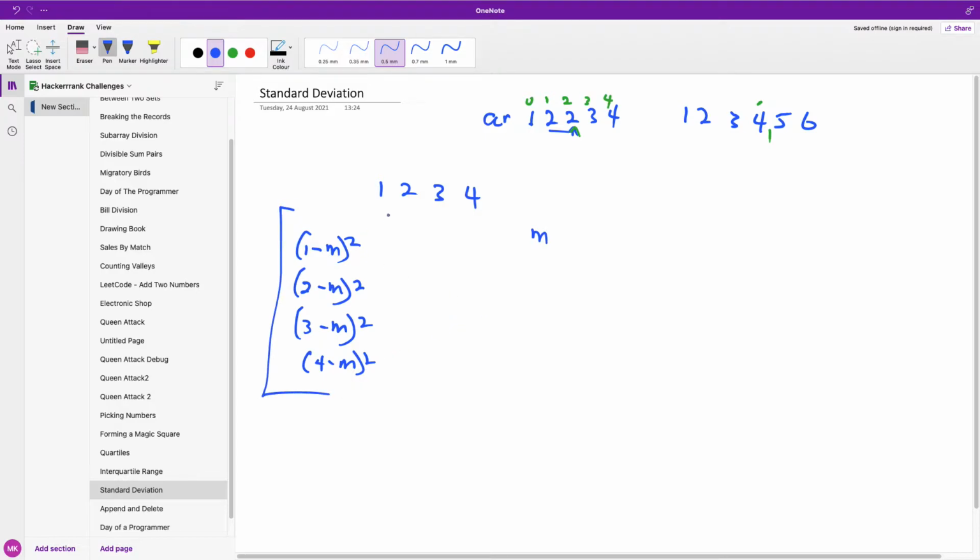Let's just call it total. And then once you get this total, you simply get the square root of this total.